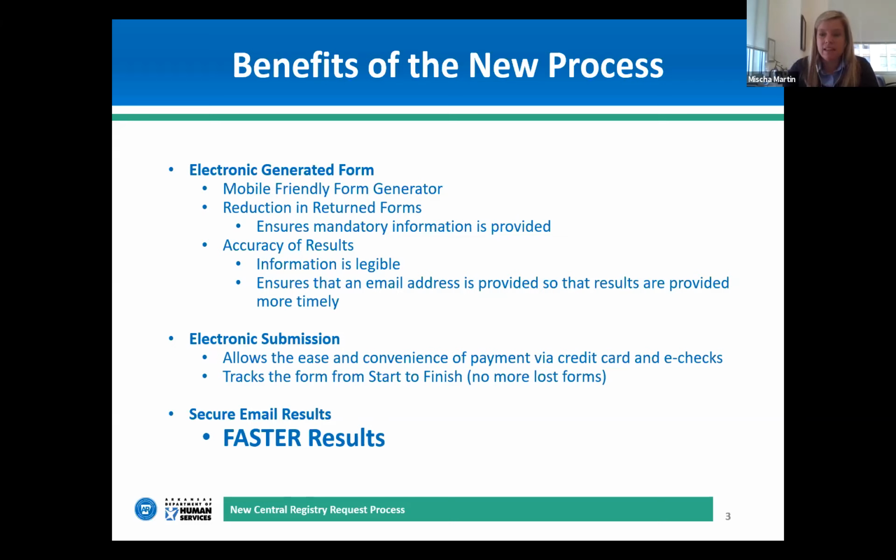It reduces us having to send the form back. That happens quite a bit when employees snail mail a form in. They don't fill out all the mandatory fields and we have to send it back, a lot of times via snail mail, which is also a delay in the process. It ensures that the mandatory fields are filled out. So you'll see as we walk through it, if there's a mandatory requirement for information, you cannot create the form without filling out that information.